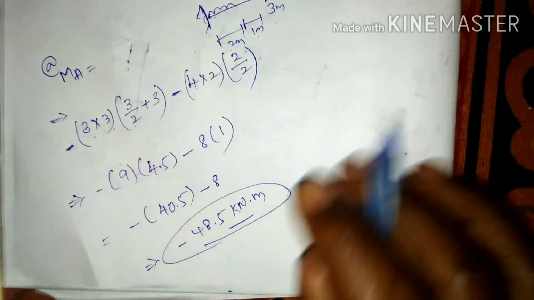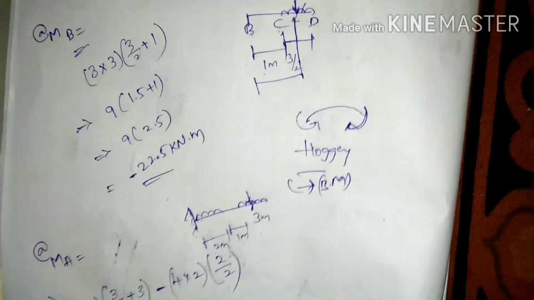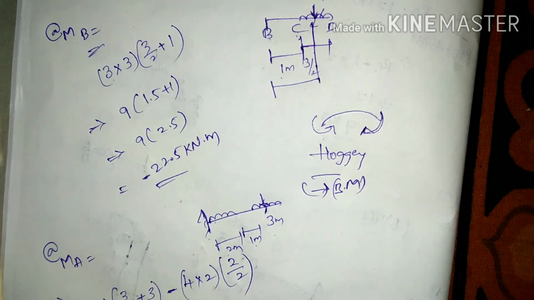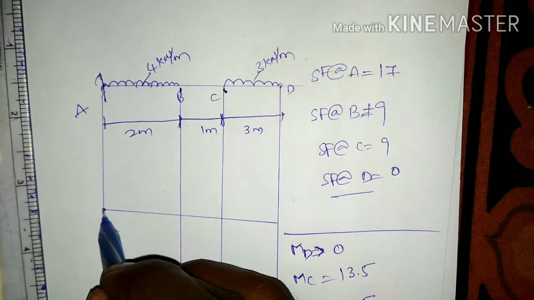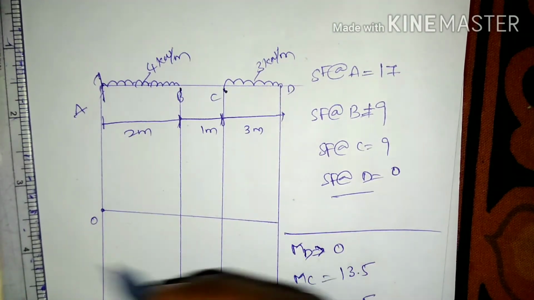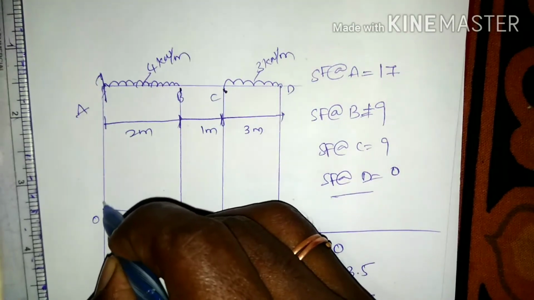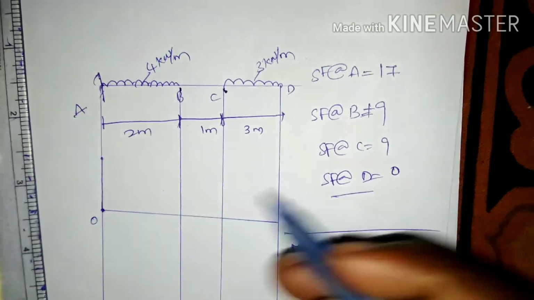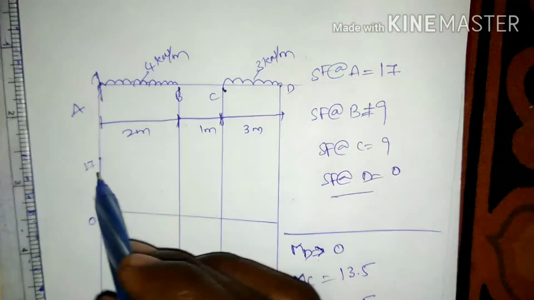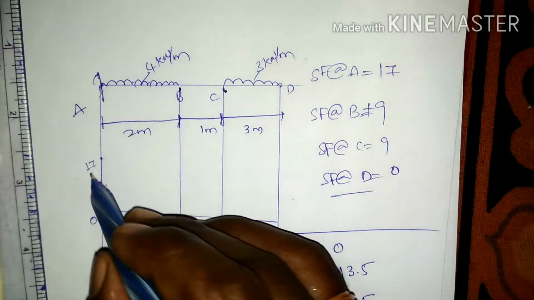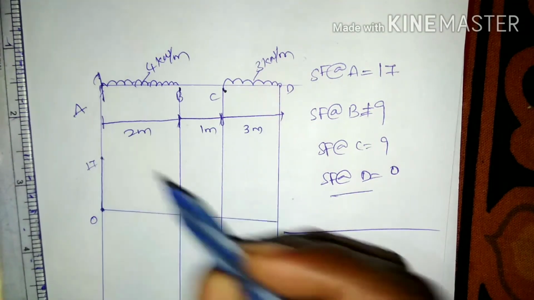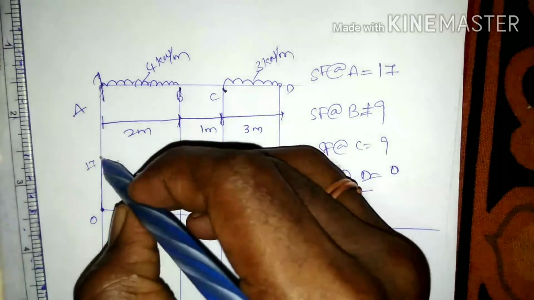By these values of moment about A, moment about B, moment about C and moment about D, we are going to draw the bending moment diagram and shear force diagram with the respective shear force values. Here for the shear force at left we have 0, shear force at right we have 17 kilonewtons. As we go to B, we decrease the value from 17 to 9 in an inclined manner.